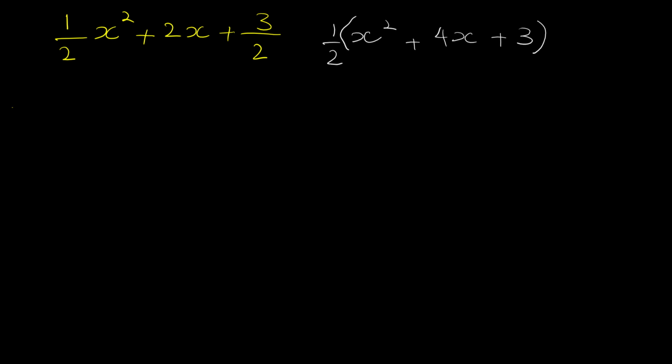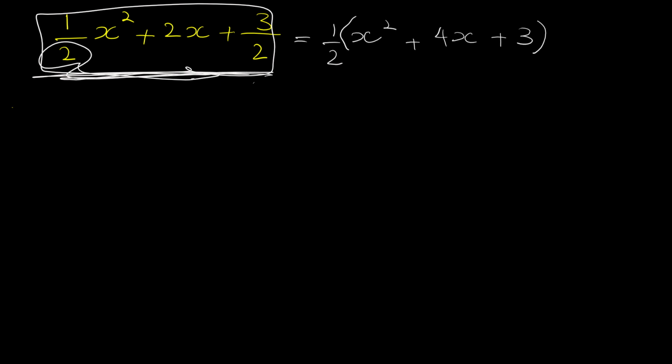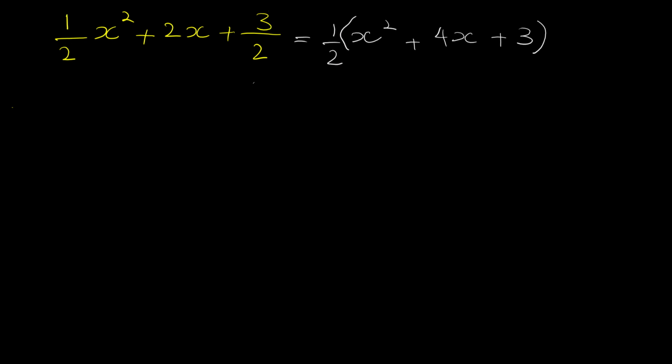So the process is very simple. To get rid of fractions, simply multiply by a number to get rid of these denominators. Then the reciprocal of that number you can put outside as a coefficient for all of the expression. For example, suppose you have something like 2 over 3 x to the 2 plus 5 over 6 x plus 7.